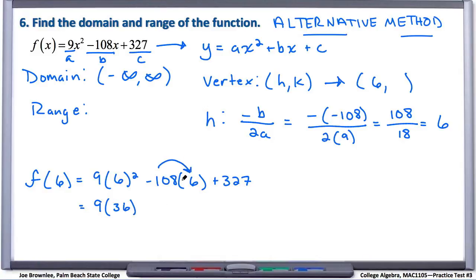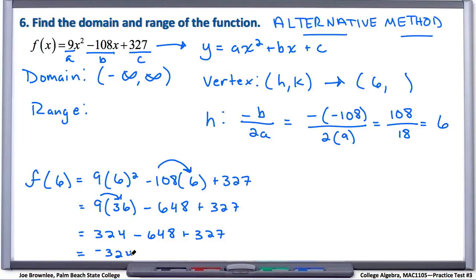Here we'll have negative 108 times 6, which should give us negative 648 plus 327. Here, 9 times 36 is 324 minus 648 plus 327. Well, 324 minus 648 is negative 324, plus 327 is positive 3. So our k is positive 3.